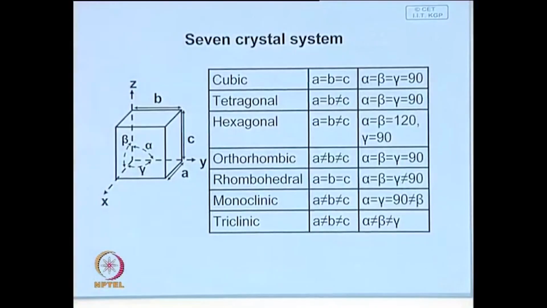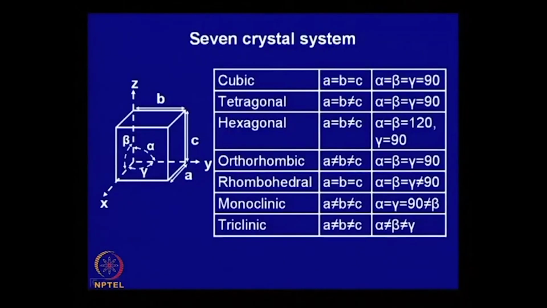Now, let us look at the unit cell a little more critically. How do you define the unit cell, which is shown in this slide? Say this is a unit cell. It is defined by its linear dimension, the dimension of each of these edges. Say this is a set of axes x, y, z.